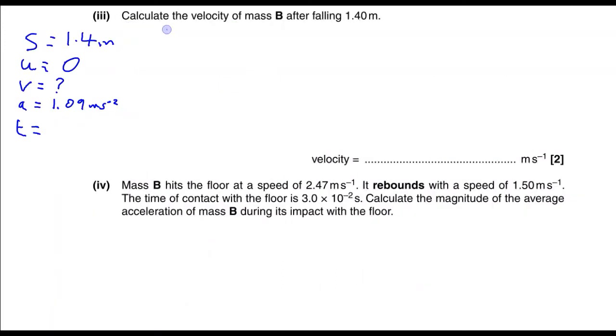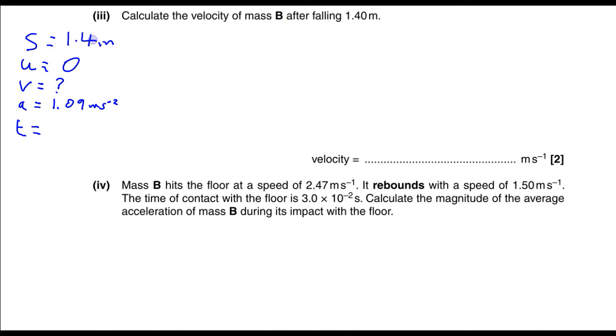We are now asked to calculate the velocity of mass B after falling down 1.4 meters. This question is very similar to the previous one, and we need to use another suvat equation. The values for the variables will not be different from the previous one because the mass is falling 1.4 meters.